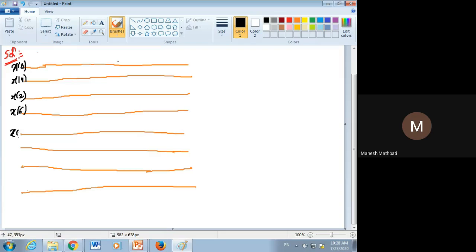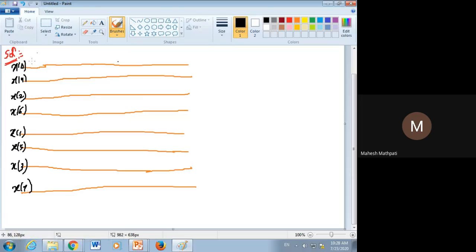This is x of 1. This is x of 5, x of 3, and x of 7. So this is our input in bit reversal order. Okay? Getting this? Yes, sir.